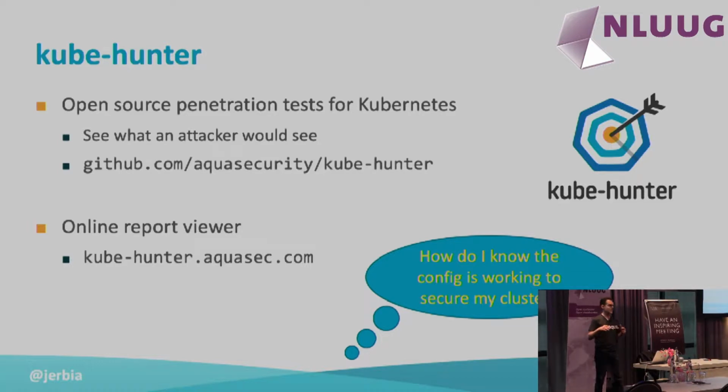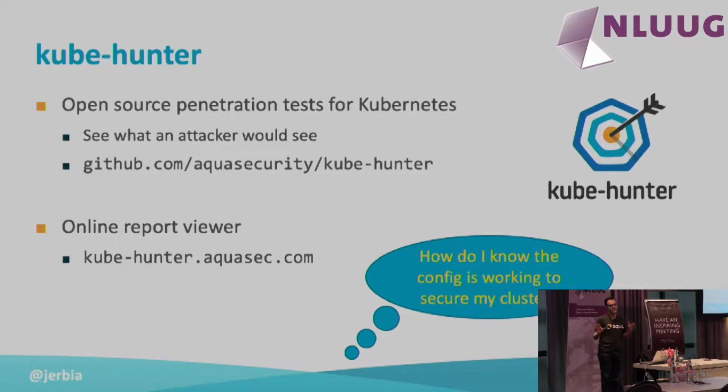Now, it's not doing anything harmful, so it will not touch your cluster, but basically what it does is like pings. It will try to verify a weak configuration. If it finds that, then it will try to do something. And usually this something will be just showing you data, showing you, hey, I was there. Look, I have proof that I was inside of your cluster. And that's it.